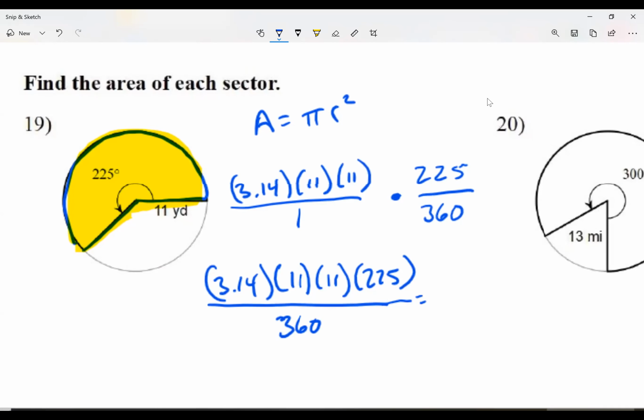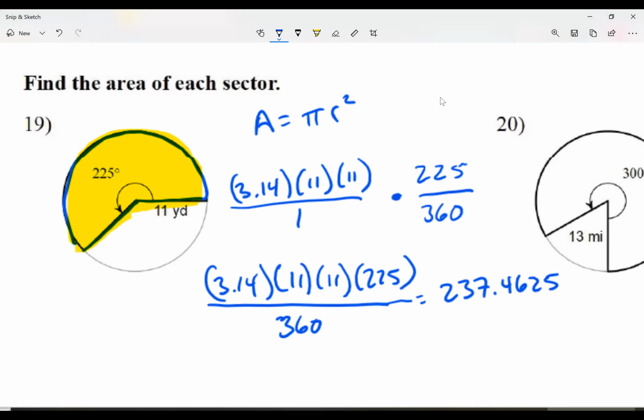Now, let me type this in. I'm literally going to go the top part, 3.14 times 11 times 11 times 225 divided by 360. My calculator says 237.4625.